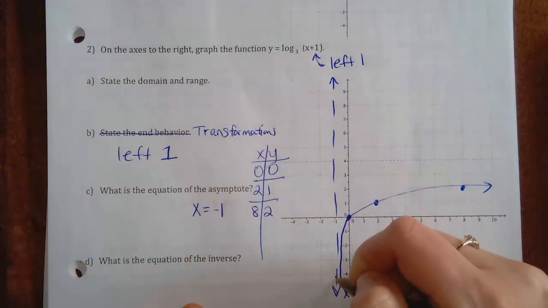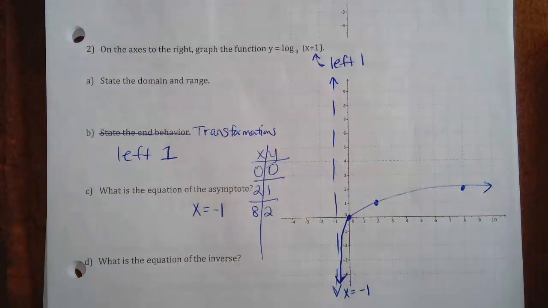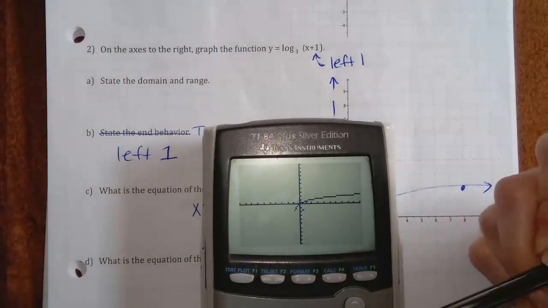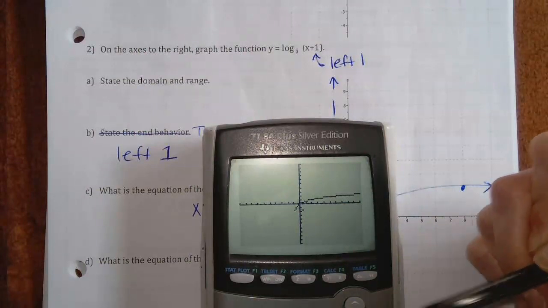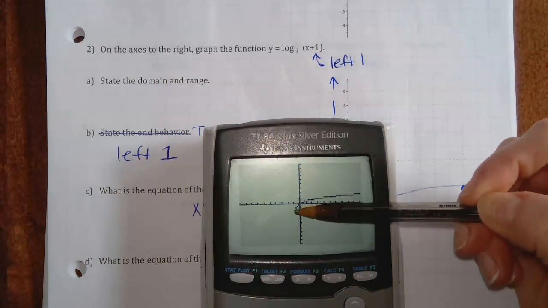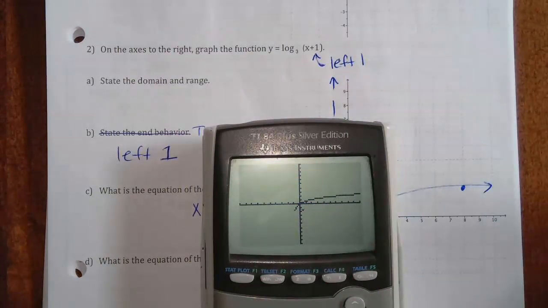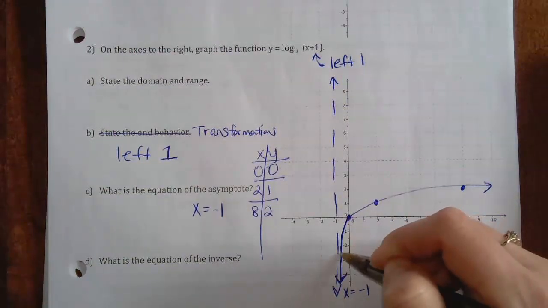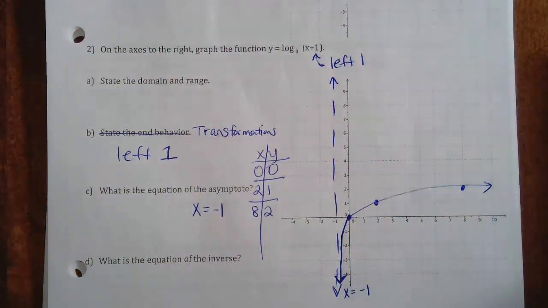It curves and hugs that asymptote line. So when we say you have to be smarter than your calculator, that's what we're talking about. There's only so many little pixels that your calculator can view before it runs out of space, because it knows that it will never equal -1, so it has to stop before it runs out of spots. We have to continue that extension down the asymptote.